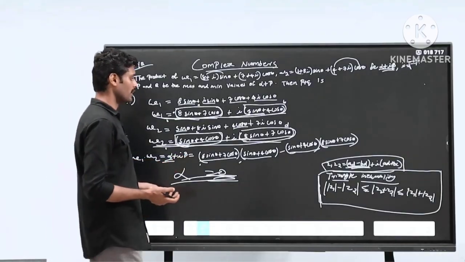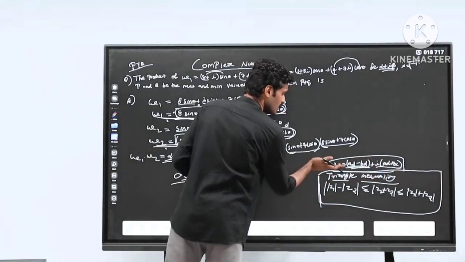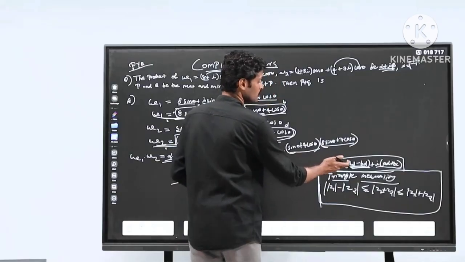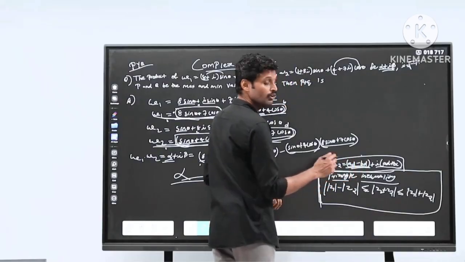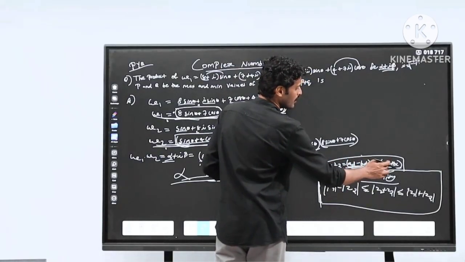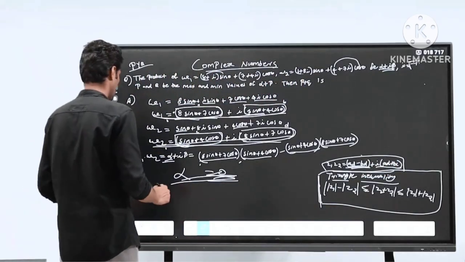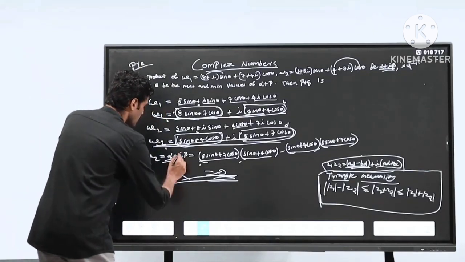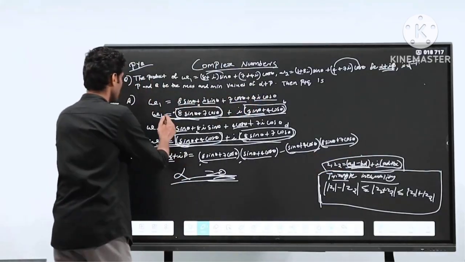To find the imaginary part, we know that from the complex number multiplication, Z1 Z2 equals AC minus BD, which we already solved to get alpha as 0, and the second part is i into AD plus BC. So what is A?